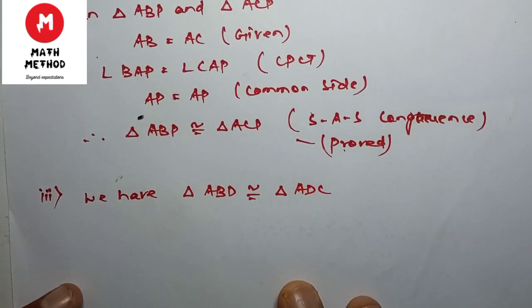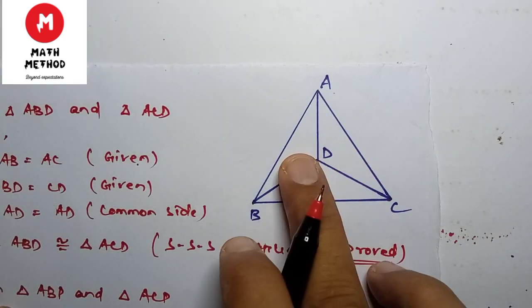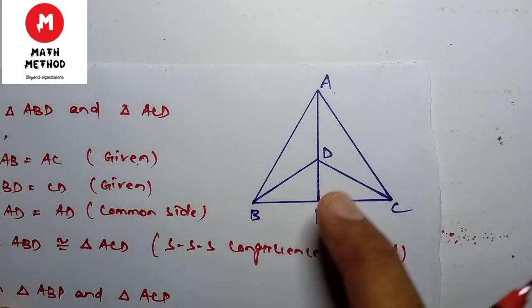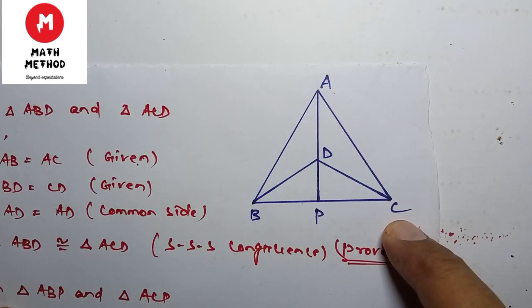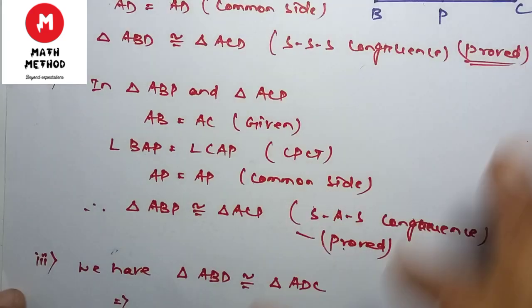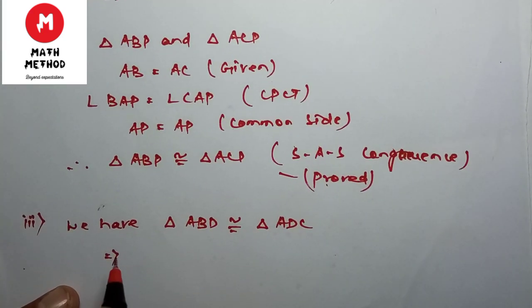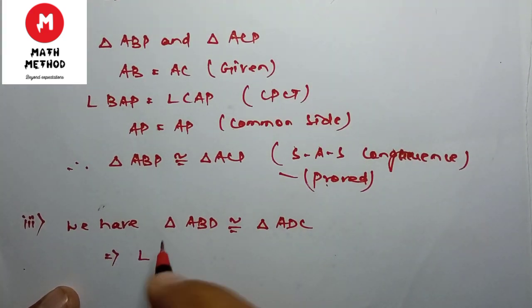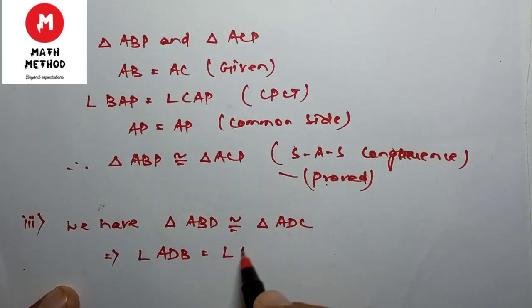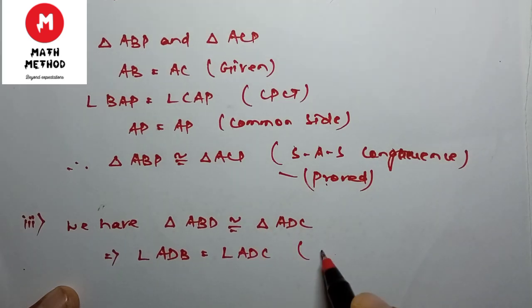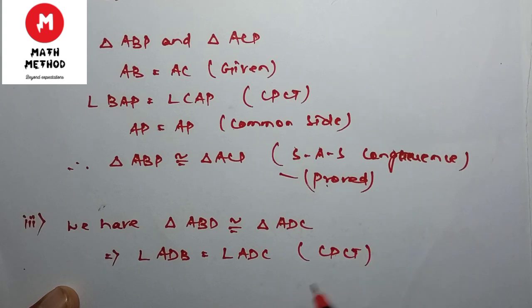Here the two triangles are congruent, therefore by CPCT angle ADB is equal to angle ADC, corresponding parts of congruent triangles.